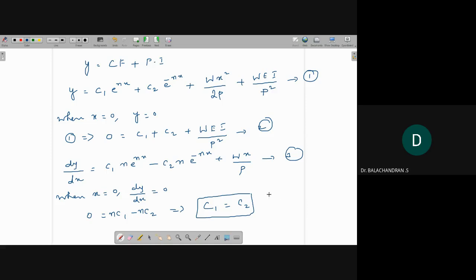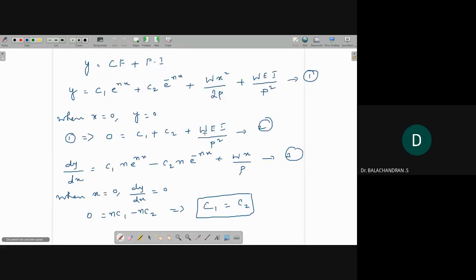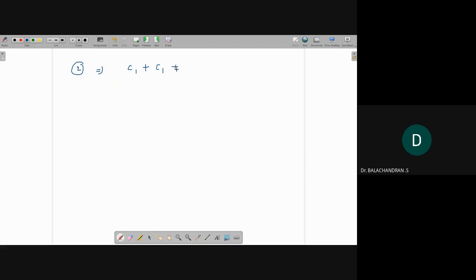Okay. Now, if you substitute C2 equal to C1 in equation 2, equation 2 implies C1 plus C2 is also C1, plus w EI by p square equal to 0.